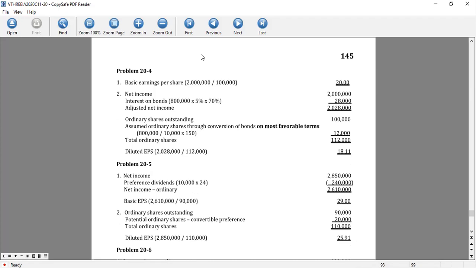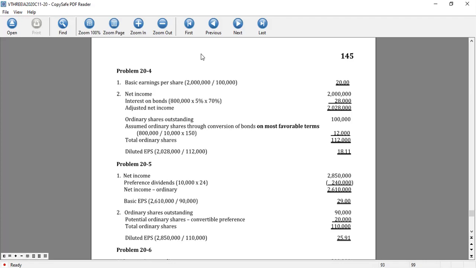So for the basic earnings per share, we divide 2,610,000 by 90,000 shares. So we have now the total ordinary shares of 110. The ordinary shares outstanding is 90,000. The potential ordinary shares convertible preference is 20,000. So we have now the total of the ordinary shares of 110,000.